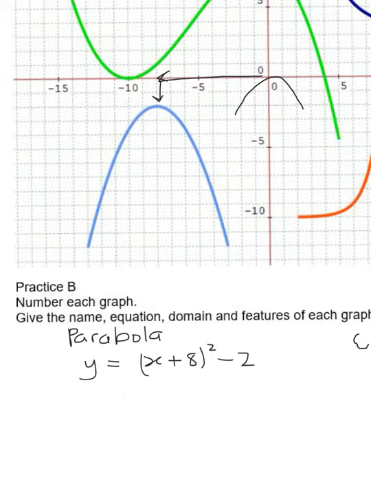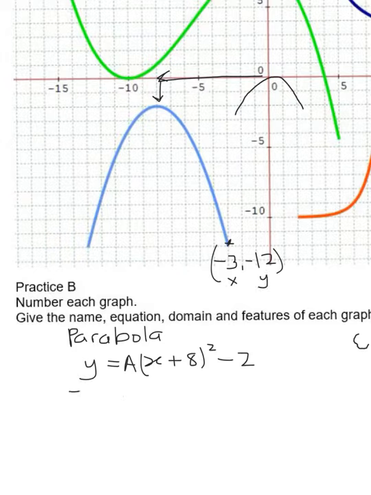Now it doesn't go 1 across, 1 down, 1 across, 3 down, so you need to find the a value. To find a, we find a point on the graph, so maybe I'll use this point here, which is -3, -12. So I substitute in that x and y value into my graph.